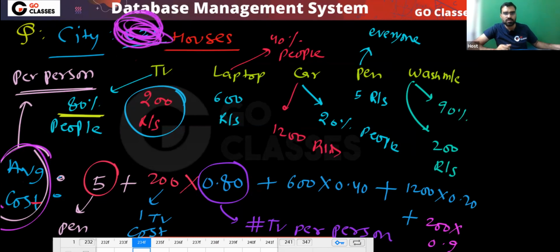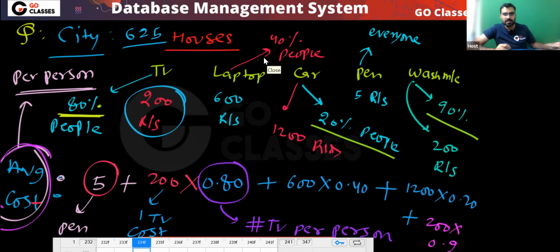This is just to confuse. The data is given in percentage, so when the data is given in percentage, this data does not matter. This is just to confuse so that this question can come in aptitude. Is this clear? On average, this is the per person cost.